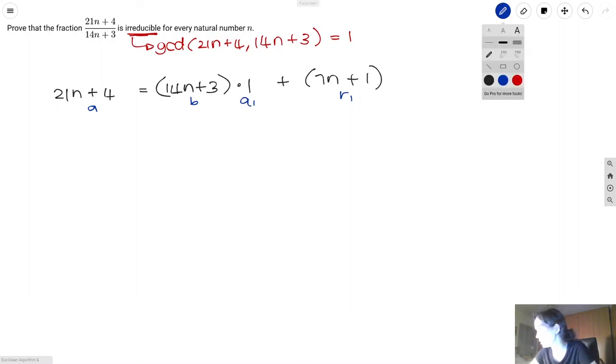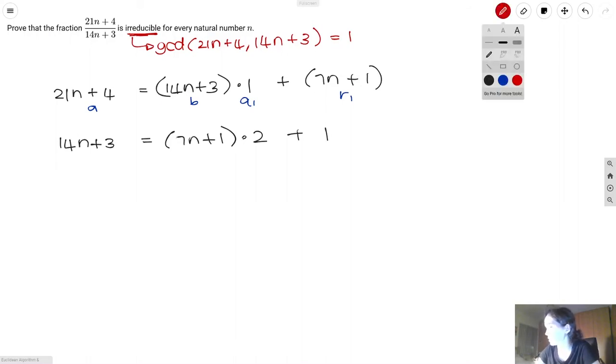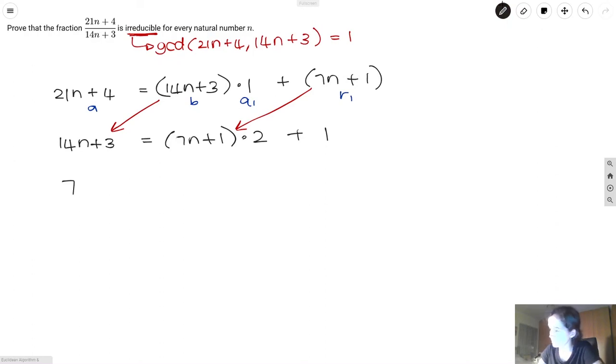Let me do this once again. We say 14n plus 3 is equal to (7n plus 1) times 2 plus 1. So we move these over. Now 7n plus 1 is going to equal 1 times (7n plus 1) plus 0, and we have reached 0.